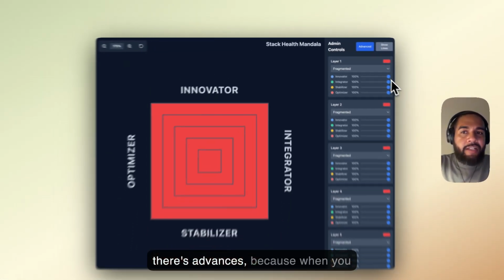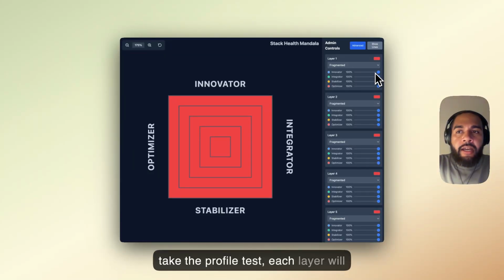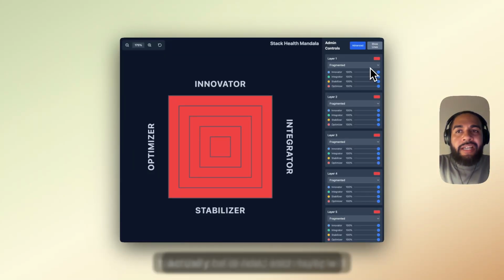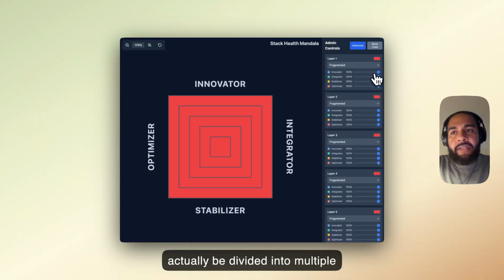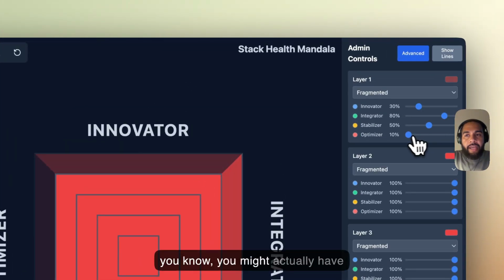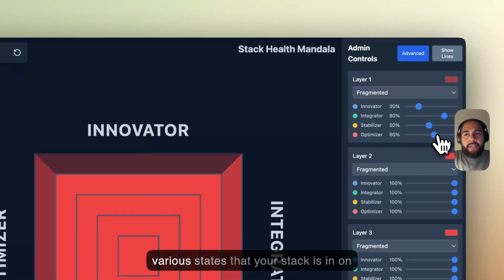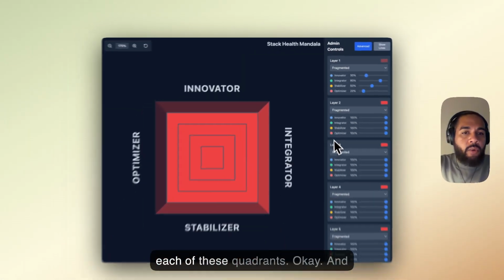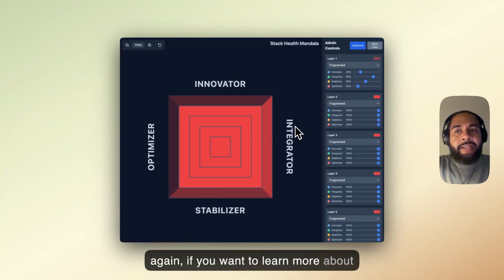The reason why there's advanced is because when you take the profile test, each layer will actually be divided into multiple quadrants. And so the nuance is that you might actually have various states that your stack is in on each of these quadrants. Okay.